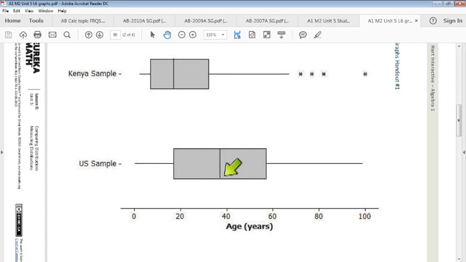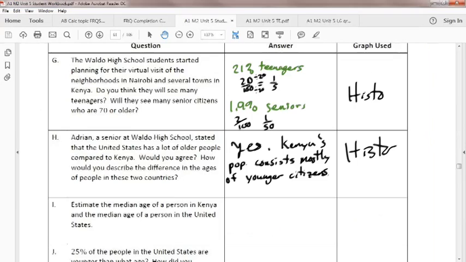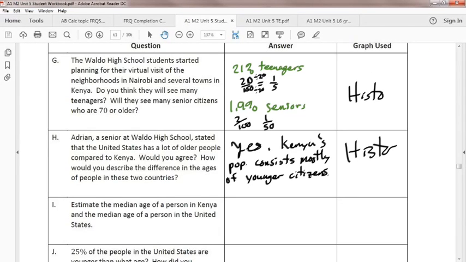I'll put 18. And for the U.S., it looks like we're about, let's see, right there would be 30, so this would be about 37. So let's say 17 and 18. So Kenya is 17 median, and the United States 27 median.